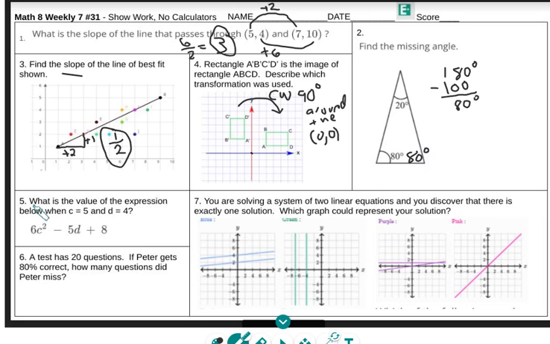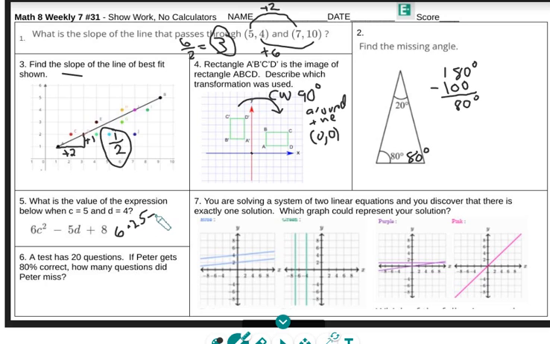Okay, down here on question number 5, it says what is the value of the expression below? C equals 5 and D equals 4. So we have 6, and now we have to plug in our 5. There's still a multiplication symbol there, and then we have 5 squared. Well, we know what 5 squared is, because 5 squared is really just 5 times 5, which is 25.